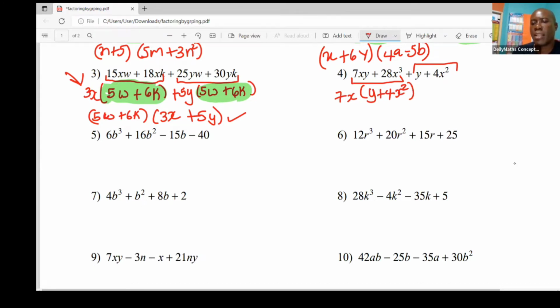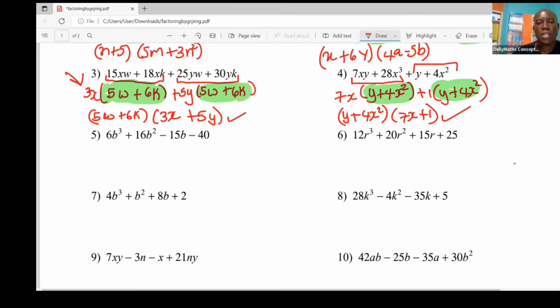From this, I'm looking that 1 would work, plus 1. 1 into y gives me y, and 1 into 4x squared gives me 4x squared. Again, you definitely see that the brackets did come back. So because the brackets are the same, I know that I'm done. So I'm going to write back y plus 4x squared in one bracket, and then 7x positive 1 in the other bracket.